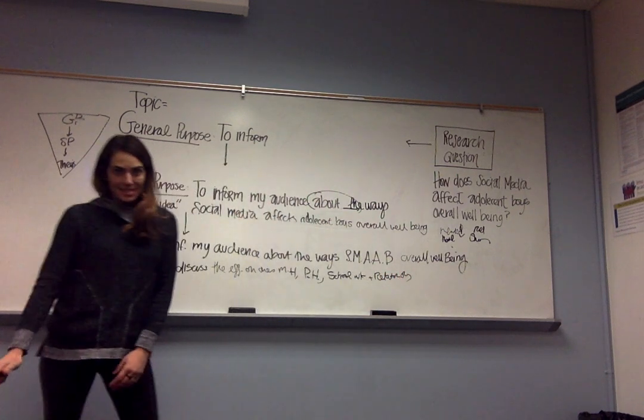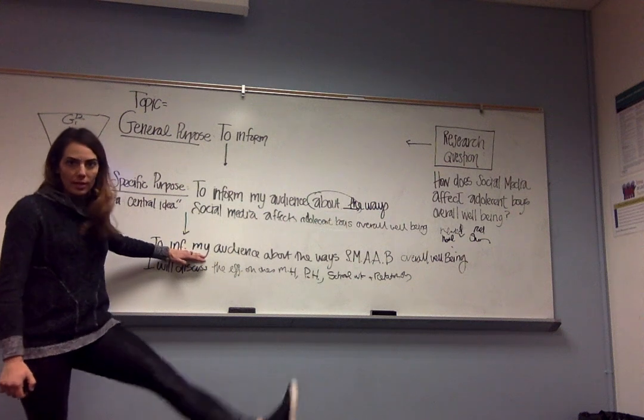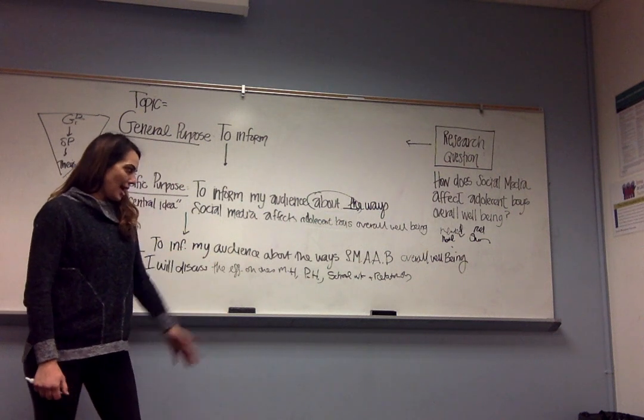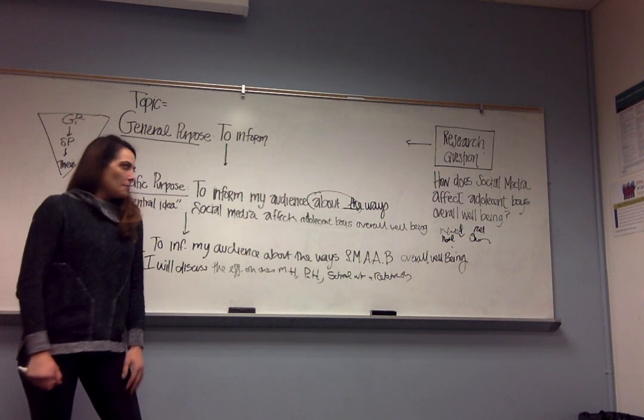And now I have a thesis statement that tells us not only what we are going to talk about, but also how we are going to talk about it. And in this case, you're going to have 4 different main points.